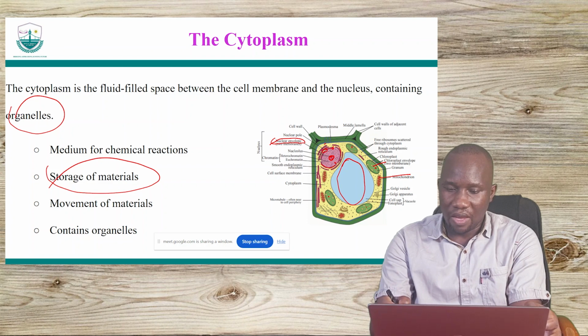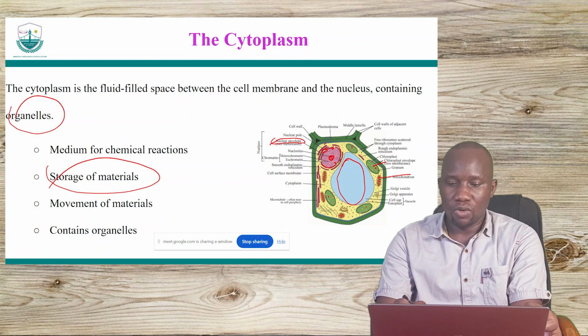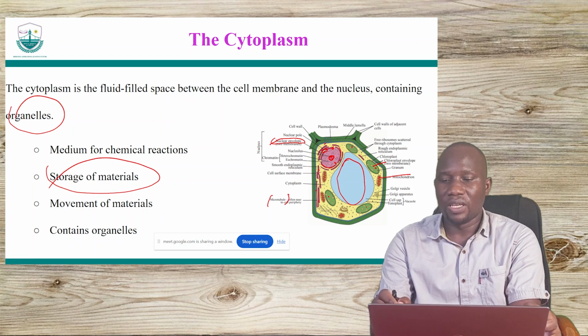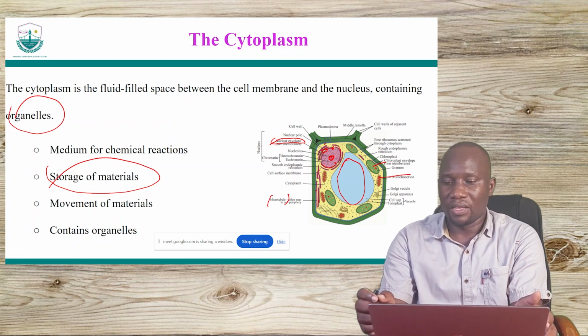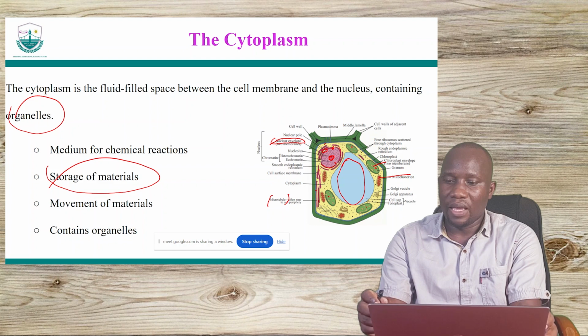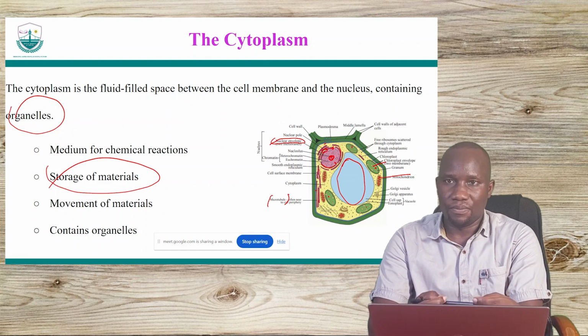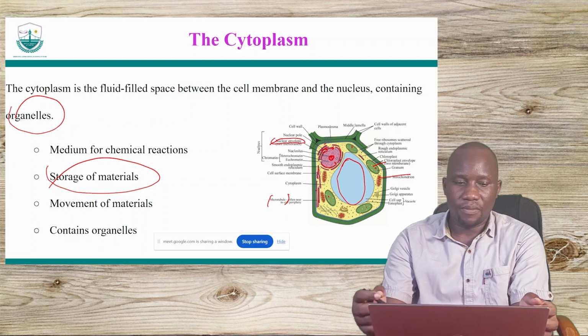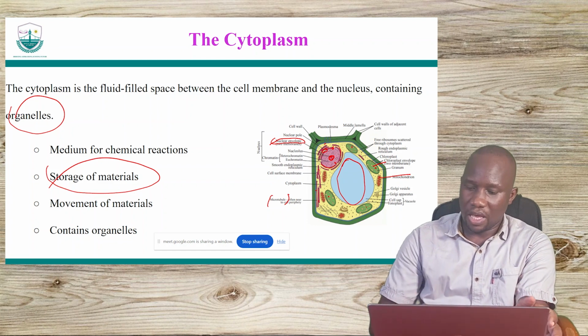And then you have some microtubules, the ones that play an important role in what we call the cytoskeleton, supporting the cell, and then the endoplasmic reticulum also there. So those are things that are contained within the cytoplasm.